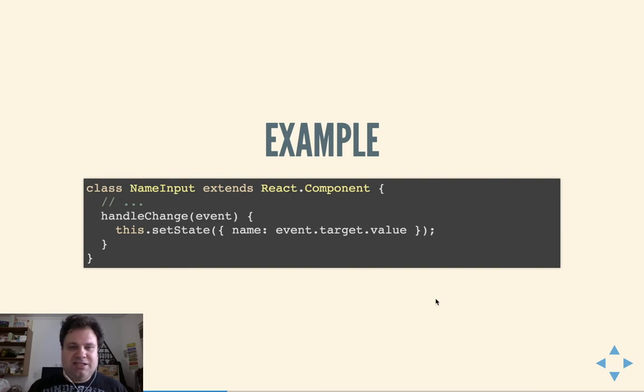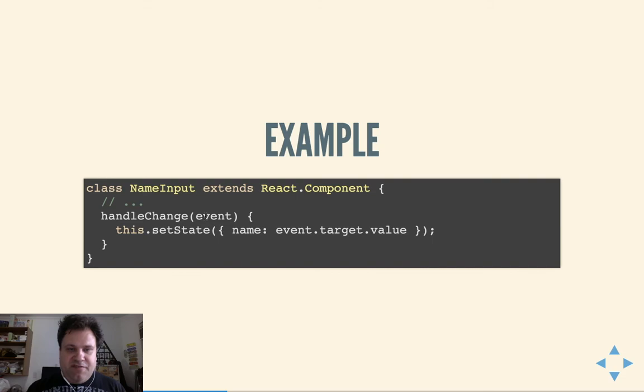So here's an example of a state change. We have this name input, and let's assume it's something like a form, and you have an input that for the onChange event is calling this handleChange handler function.